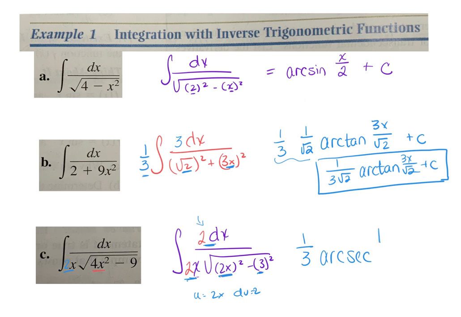And they do have absolute value on this. 2x could possibly be negative if I plug in the right variable. So it is absolute value there. And then over my a, which was 3, plus c. So I'm just going back to this box in the middle of the page, and I'm just plugging in my functions and my a's.